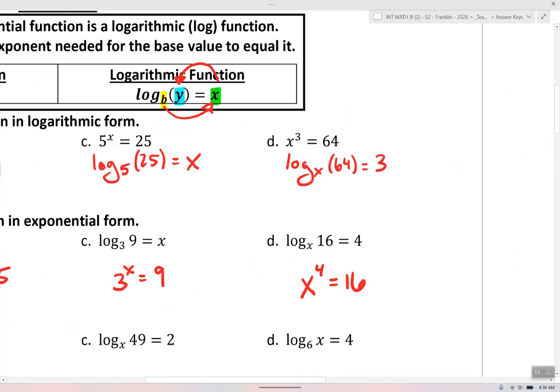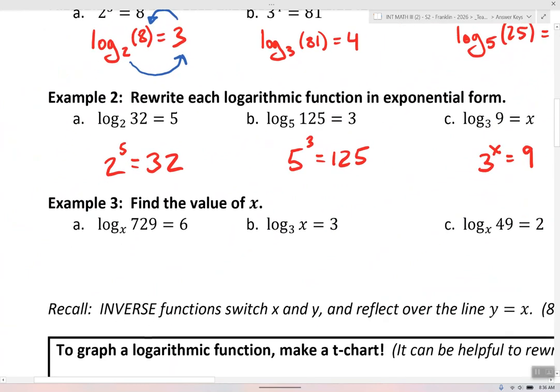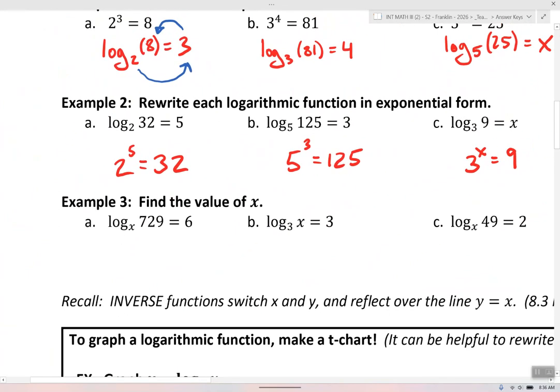So remember, we're going around the log like this. Now let's solve some of these, find the value of x. We're just going to rewrite these as exponential functions, and then we can more easily intuit what the answer should be. So log base x of 729 equals 6. That's going to be x to the 6th equals 729.